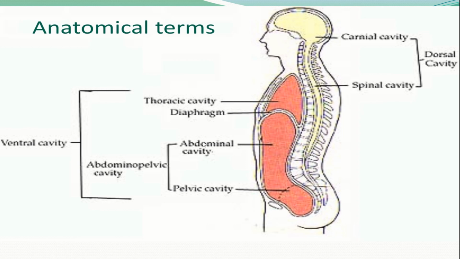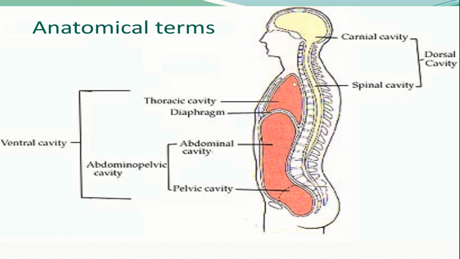And then the abdominal cavity and the pelvic cavity are what make up the abdominopelvic cavity. The pelvic cavity is kind of outlined by the pelvis, what you might think of as your hip bones. The thoracic cavity is kind of outlined by our rib cage.